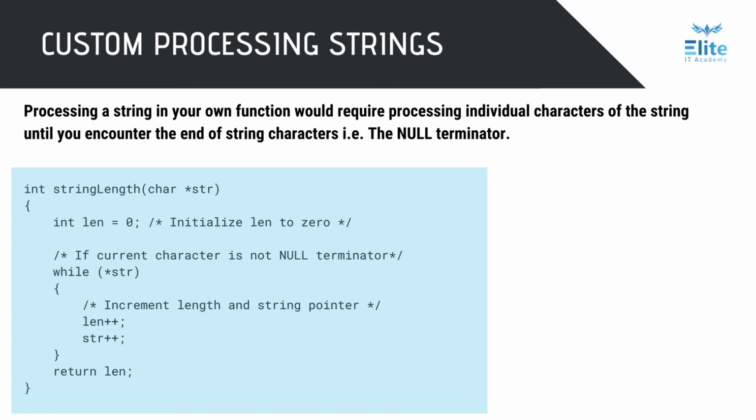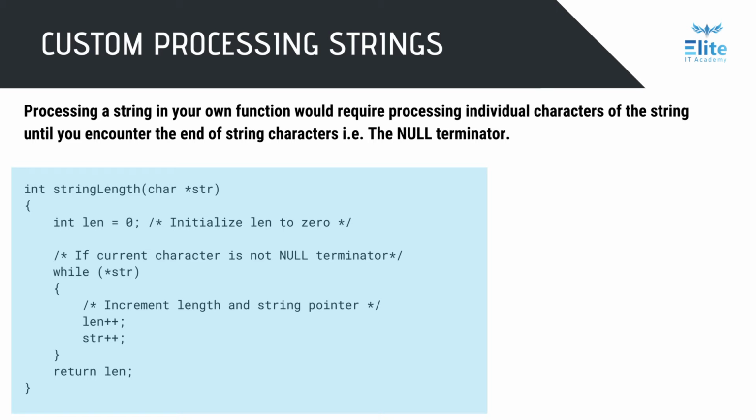Now let's look at how to process a string using custom code. Sometimes you may need to write your own code to perform a desired operation on a string. This may be because a functionality you need is not available in the standard C library. In this case, you will write a function that performs the required operation.